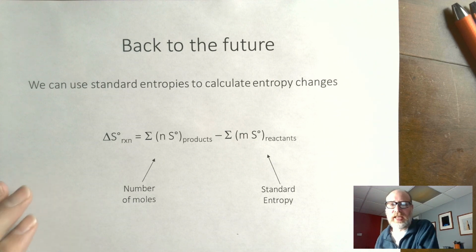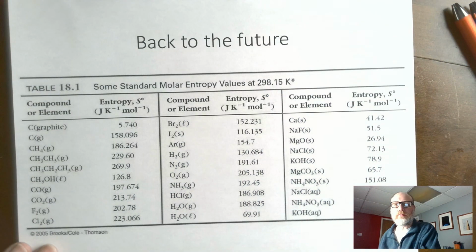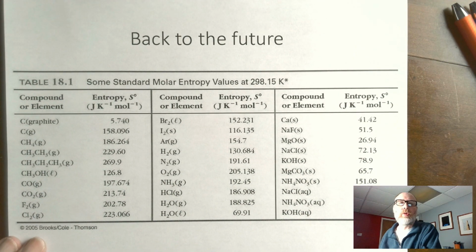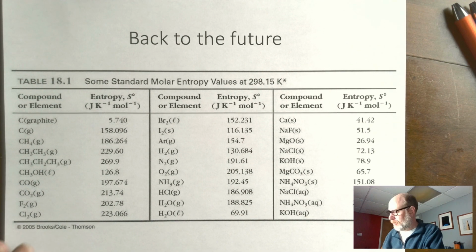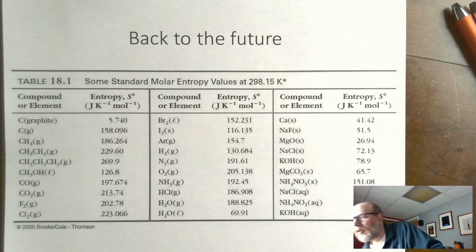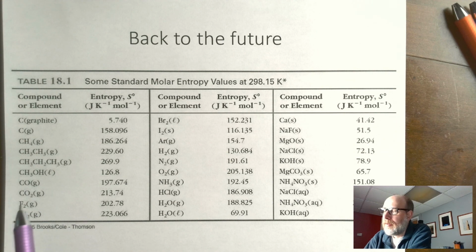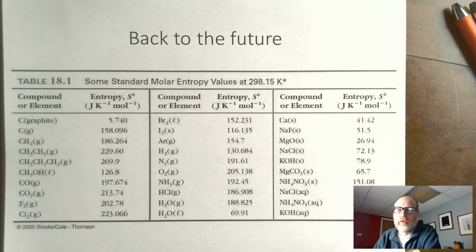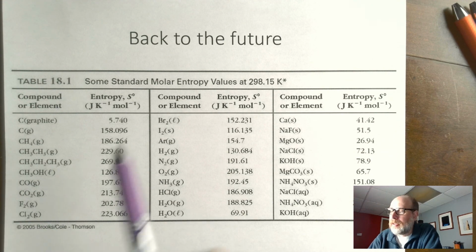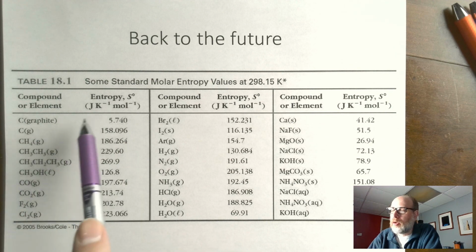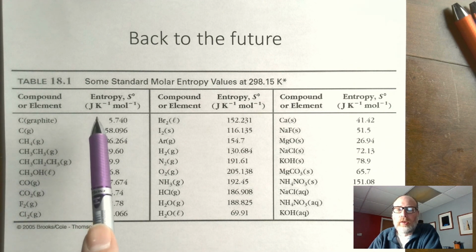And what do those tables look like? Well, they look something like this, where we have standard molar entropy values. You can see that they're listed for a number of different compounds. If you're looking in the back of a textbook, you're going to find that it'll probably have heats of formation and things like that right along with it.